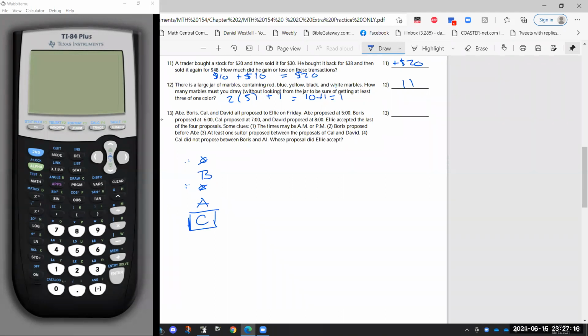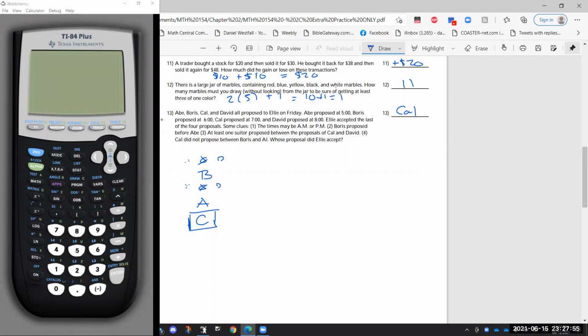Now, if you want to figure out the whole puzzle here, then we can go back. We can see, okay, who's left? D is left, and D can go either here or here.